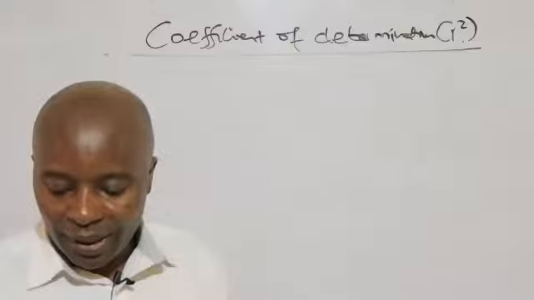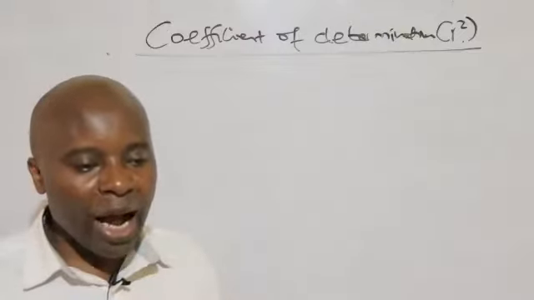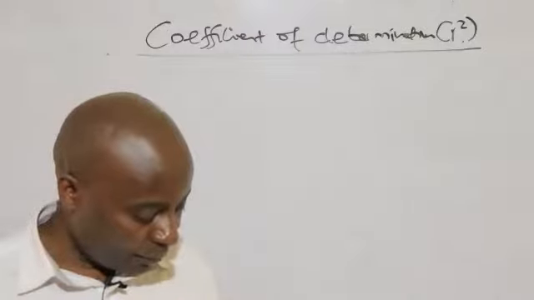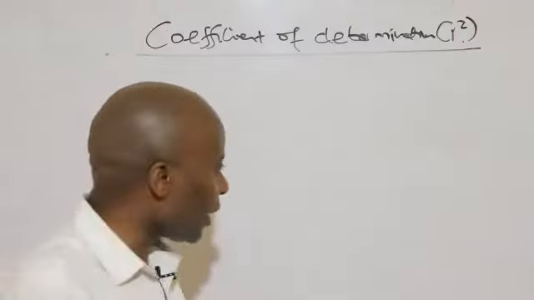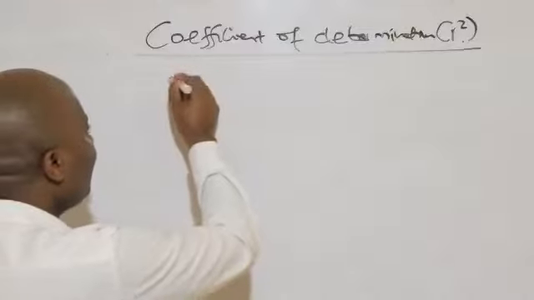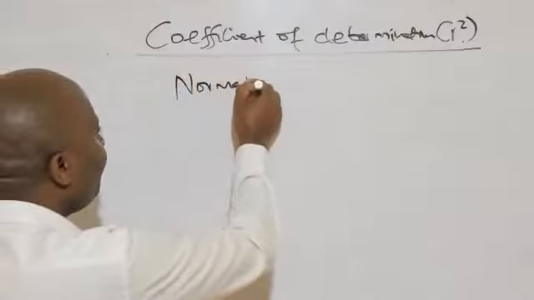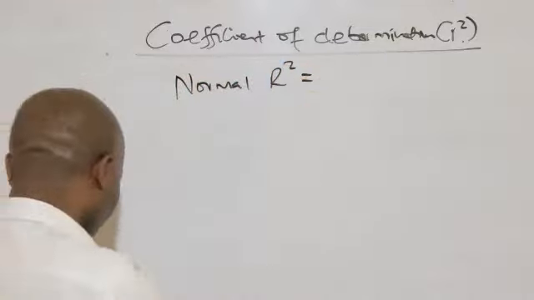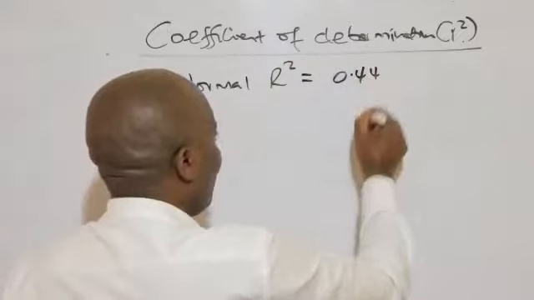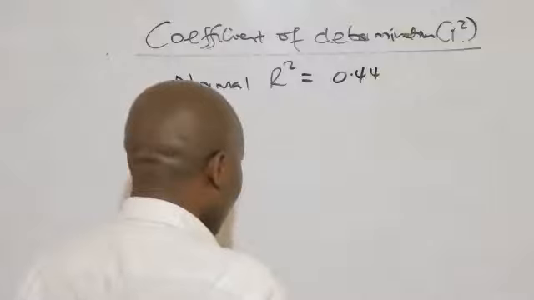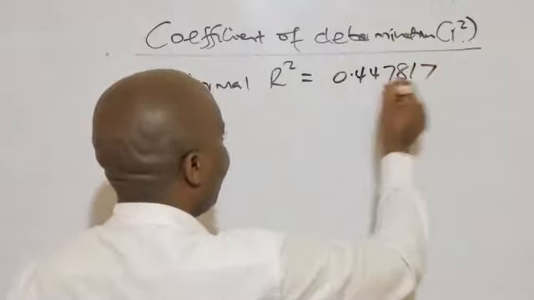Here they have given us two R squared. We have the normal R squared and we have the adjusted R squared. The normal is 0.4478, 17.